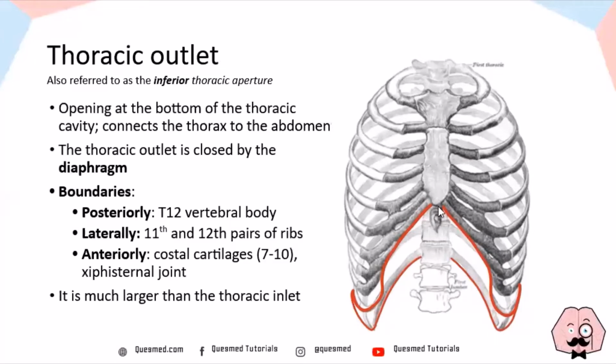As you come anteriorly, the border is the fused costal cartilage of ribs 7 to 10. And then very anteriorly, it's the xiphosternum. It's obviously much larger than the thoracic inlet.